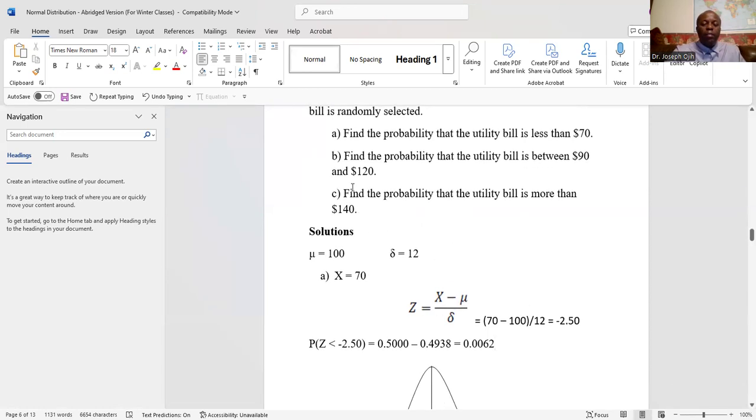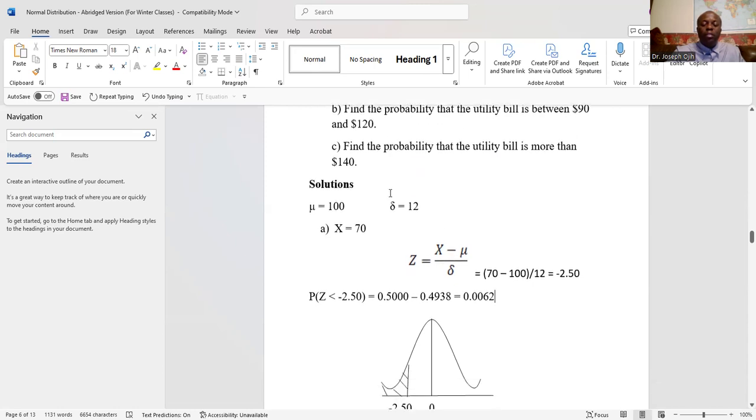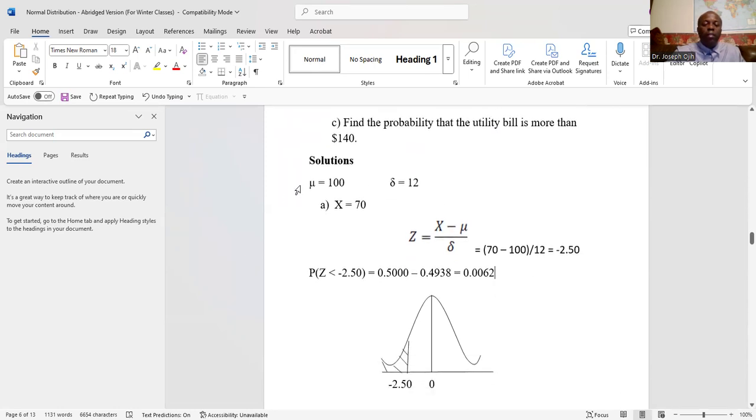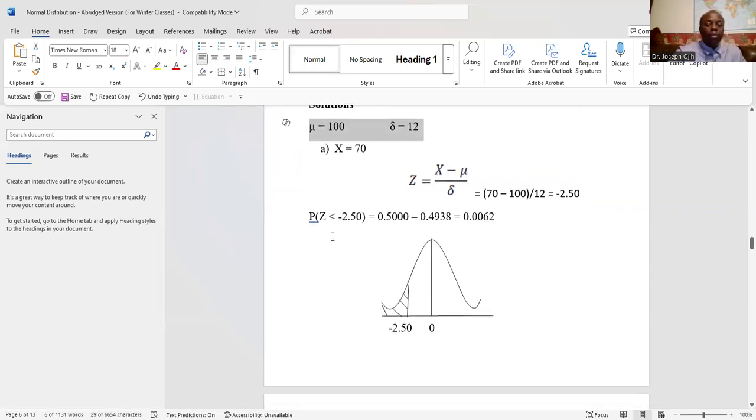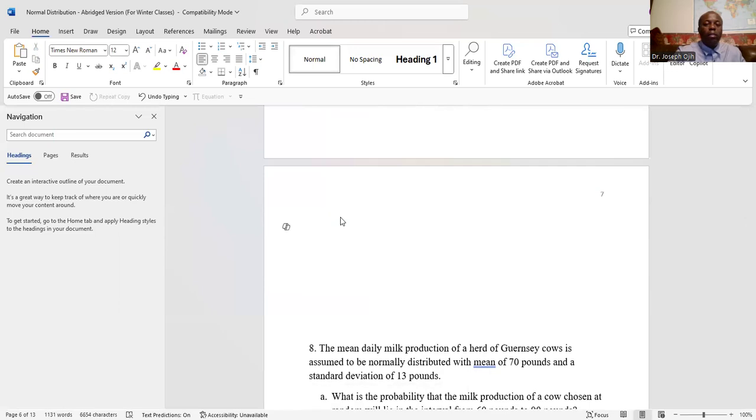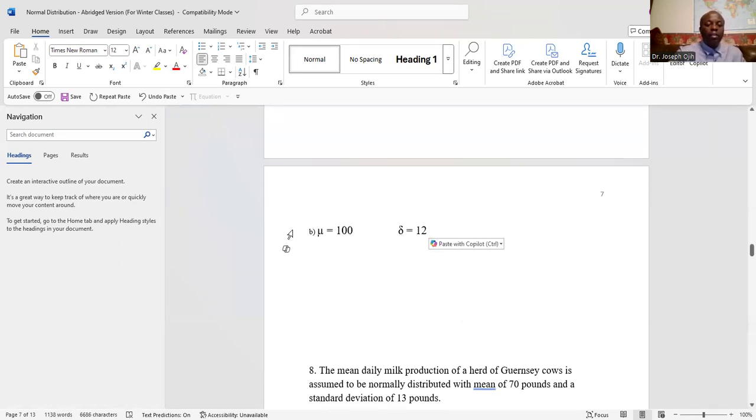Part B says, find the probability that the utility bill is between $90 and $120. Again, we have our mean and the standard deviation staying the same: mean of $100 and standard deviation of $12.